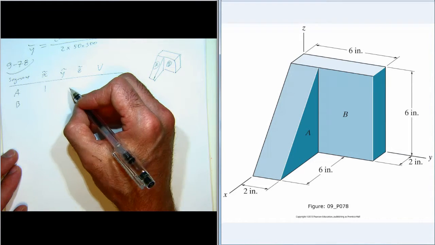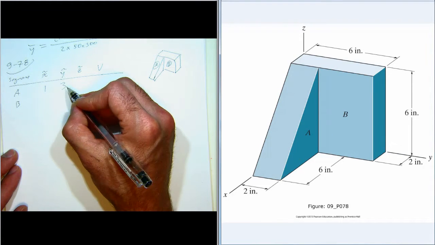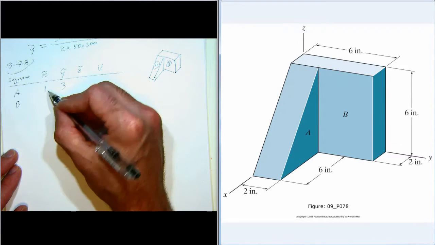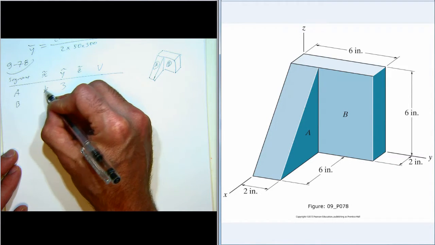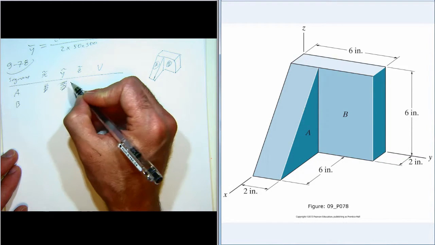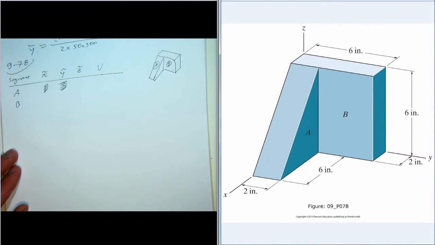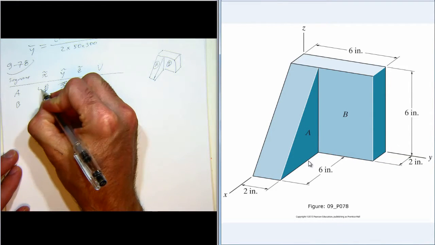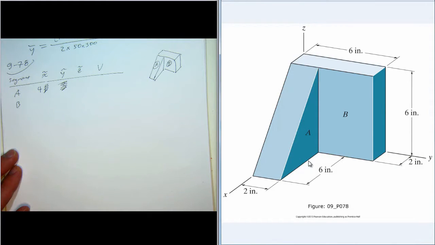The y-coordinate for its centroid is 3. Oh wait, I'm sorry, that's for B. Okay. X-coordinate for A, we go out 2, and then we go another 2, so that's 4. And then the y coordinate now is just half of the width, so 1.